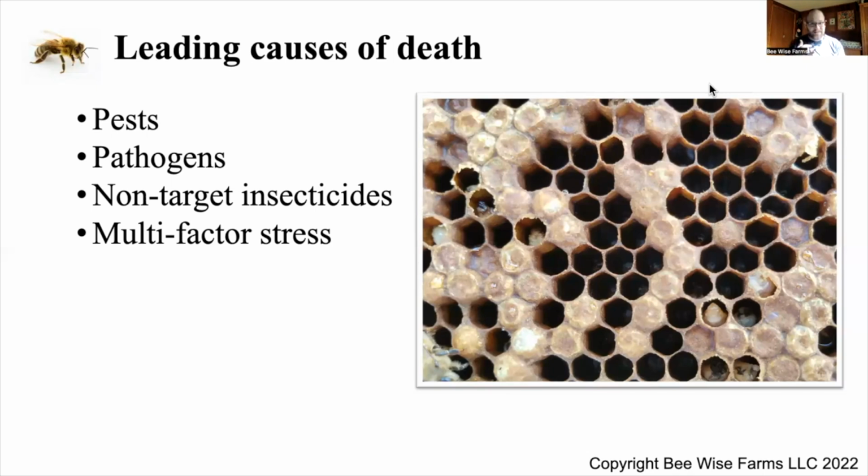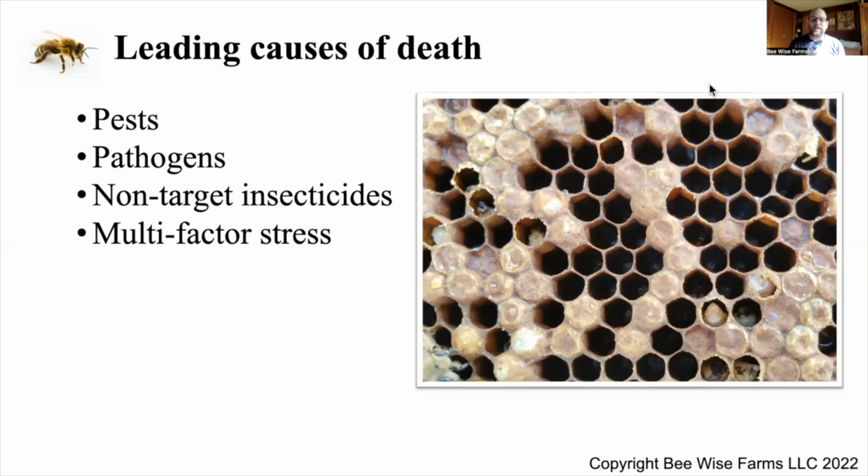One, through direct contact, so the bees are actually sprayed directly with it, or two, you can also have residual buildup in the colony of these non-target insecticides, where bees are foraging on things that have been sprayed and they're picking up small amounts of insecticides over time, and those build up in the wax. So non-target insecticides can be a big thing.